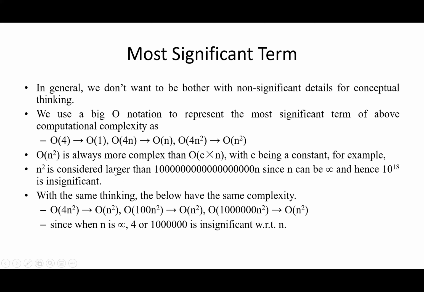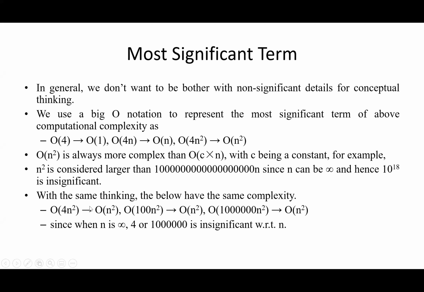For example, n power 2 is larger compared to, I don't know how many 0s here, multiplied by n, right? Because n can be infinity also. Okay, so here 10 power 18 will be insignificant if your n is infinity. That means infinity to the power 2 is definitely bigger than this.